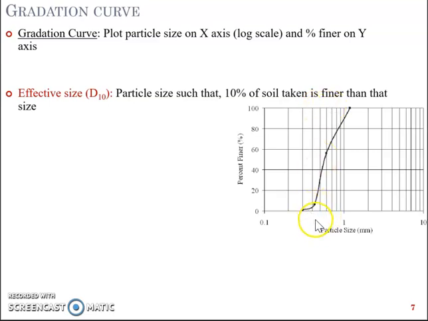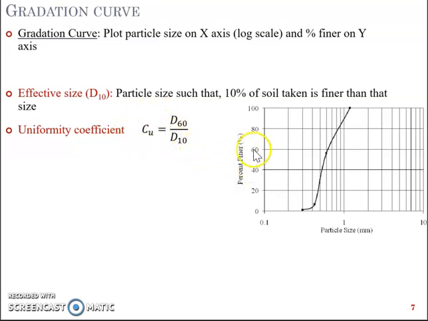Now the second term is the Uniformity Coefficient, Cu, which is D60 by D10. So you'll get D60 here and D10 here. When you take the ratio of these two sizes, D60 by D10, you will get the Uniformity Coefficient.